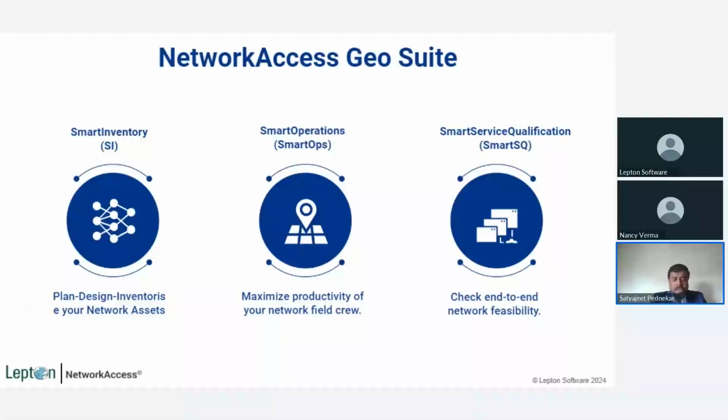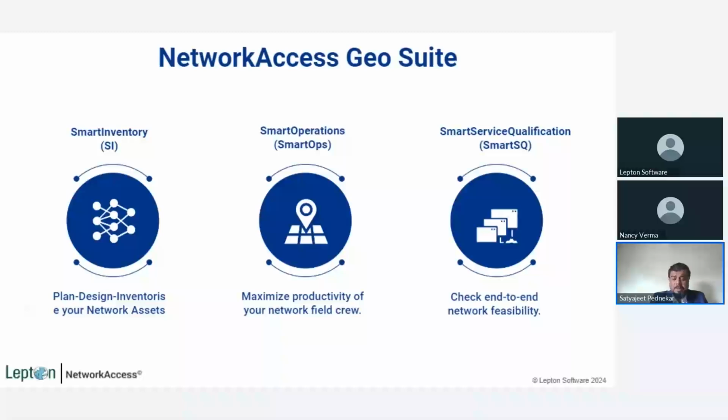And the third is the Smart Service Qualification. This is basically for expanding your business. The sales and marketing team is always eager to bring new customers on board, but they require a handy tool by which they can immediately know, whenever a new customer comes into the picture, can we deliver to this customer or not? So the Smart Service Qualification module is used to check the end-to-end feasibility and give a quick output on whether you can deliver to this customer.